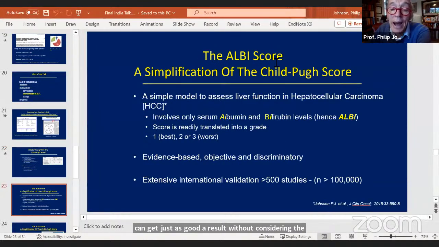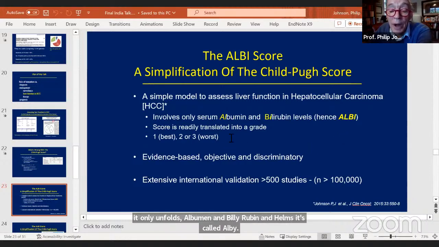And this has led to the ALBI score. It's sometimes described as a new way of assessing liver function in HCC, but in fact, it's just a simplification of the old Child-Pugh score. And it only involves albumin and bilirubin, and hence it's called ALBI.